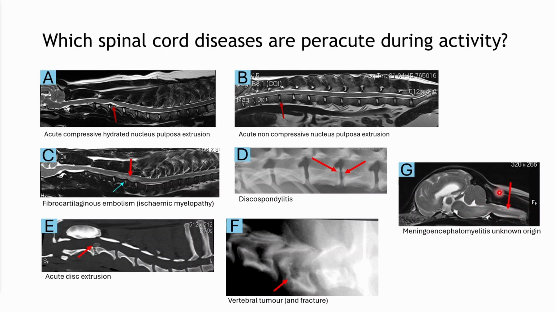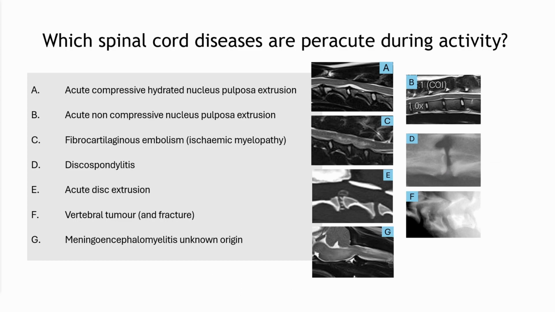Or meningoencephalomyelitis of unknown origin, MUO, here, with high signal in the spinal cord here and in the brainstem here. So these animals had no signs before, peracute during activity. Which ones do you think it is? Pausing so you can write this down or verbally think it. There's more than one answer.